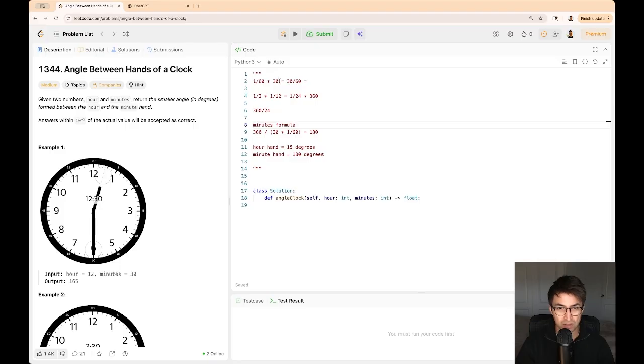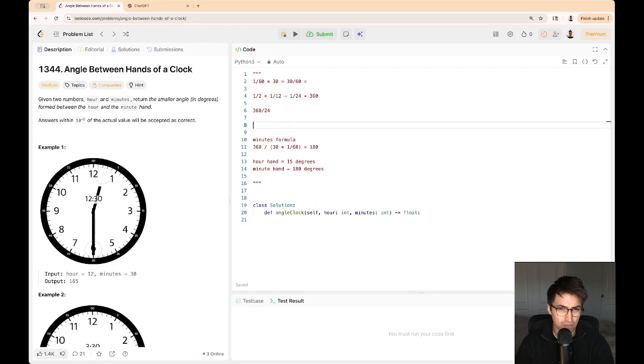And then this is the formula for hours. 1 divided by 60. Hour 12, and then I have to factor in the minutes.